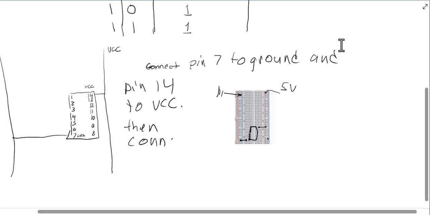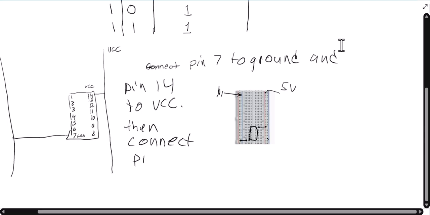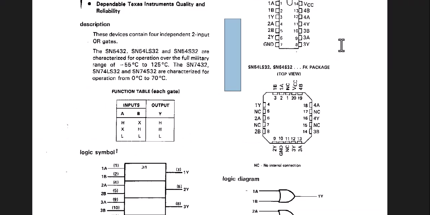Then connect pins. So let's see which pins were inputs. When we look at this package, our inputs were A's and B's and our outputs were Y. So anything that's an A or a B is an input, and anything that's a Y is an output. So 1 and 2 are inputs because 1A and 1B. 4 and 5 are inputs.